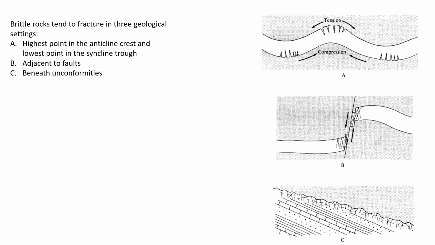And then the lowest point of a syncline, where compression happens, there again the fractures may develop. Then adjacent to the faults, these fractures may develop, and these fractures may also develop beneath the unconformities. So these three types of settings are important for the development of fracture porosity.